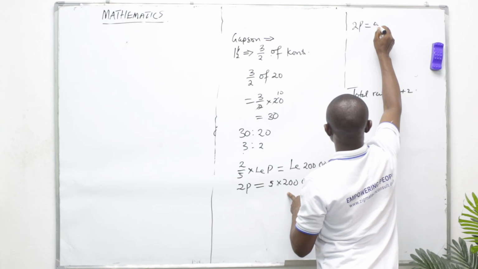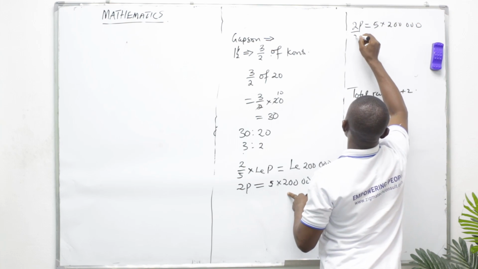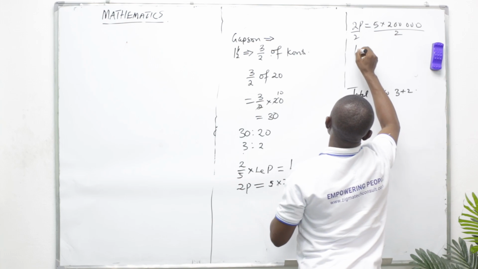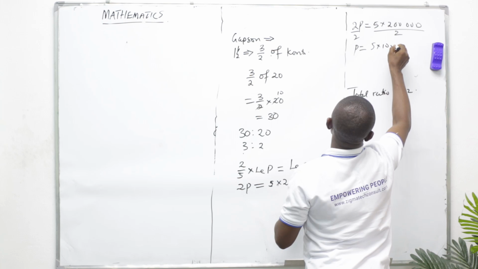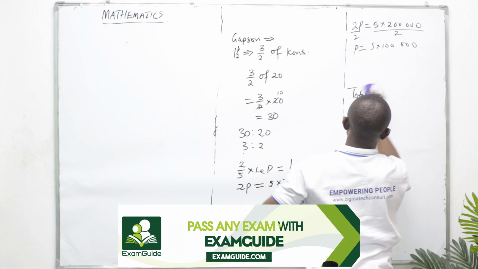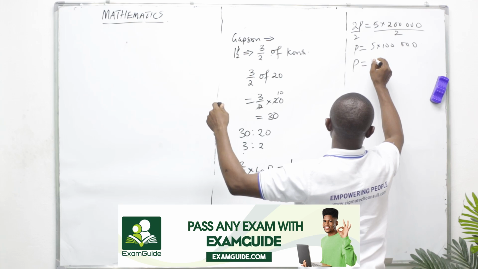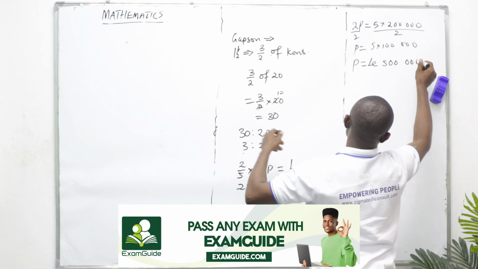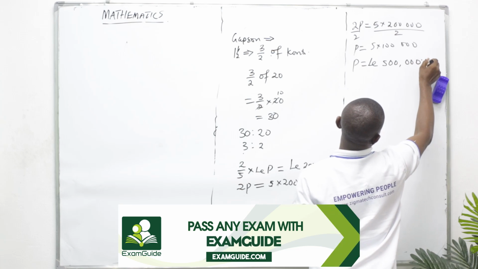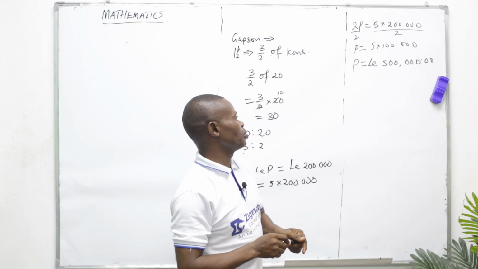Divide through, we're going to have p equals 5 times 100,000. So now the total amount shared by them is LE 500,000, shared between 2 of them by the owner of that shop.